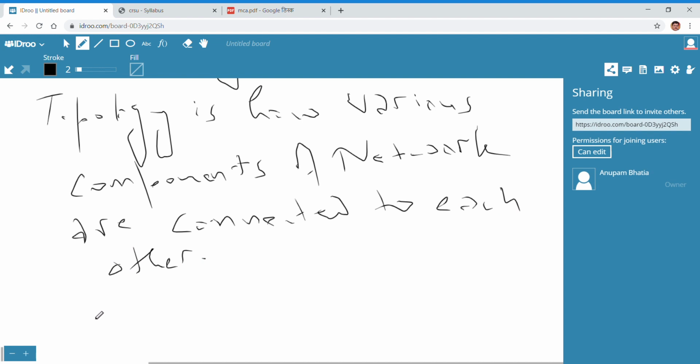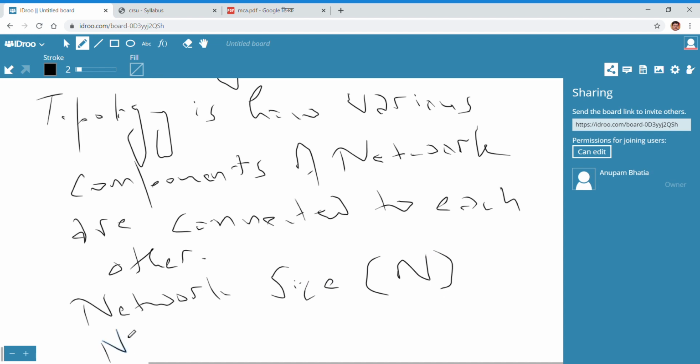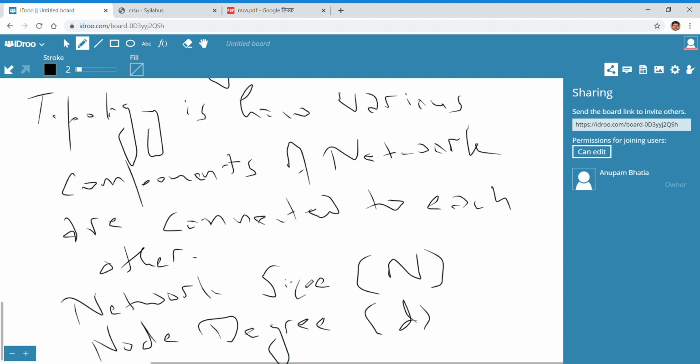In this, we study about the size of the network, usually represented by capital N, and node degree, which will be represented by the small d.